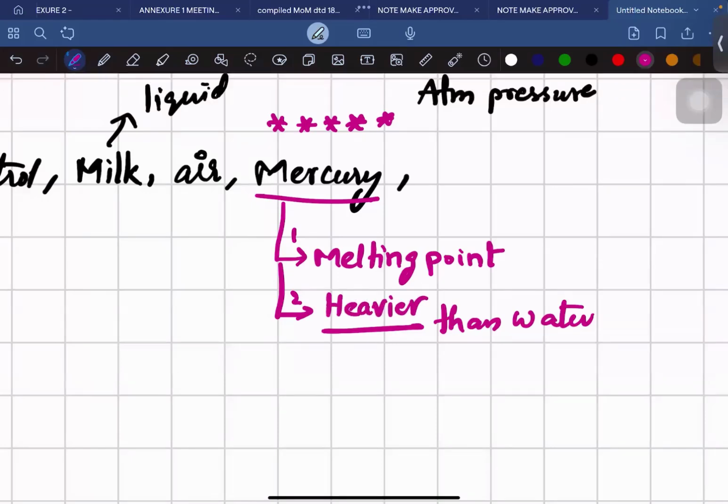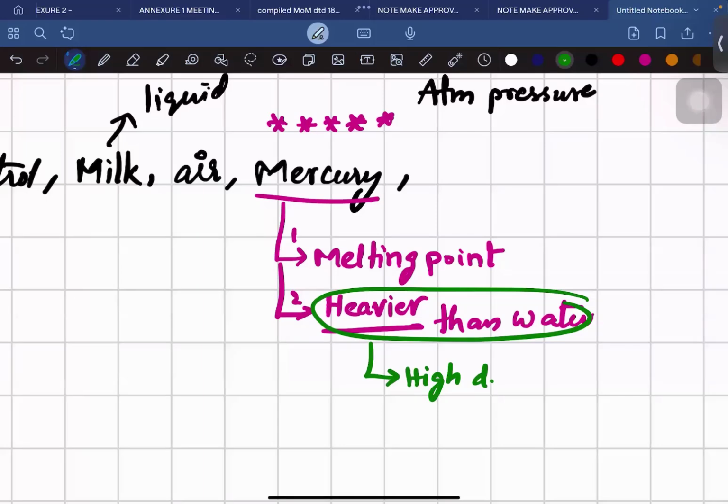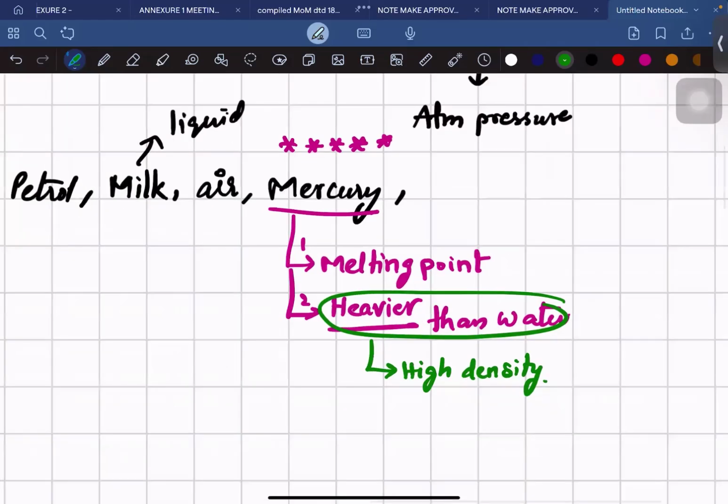It's heavier than most of the fluids actually. That's why they use mercury. High density. Yeah, being heavier than water itself indirectly says that it has high density. That is the reason why we use mercury. And why high density is needed in flow measuring devices and so on, I will let you know when we go into the subject slowly.